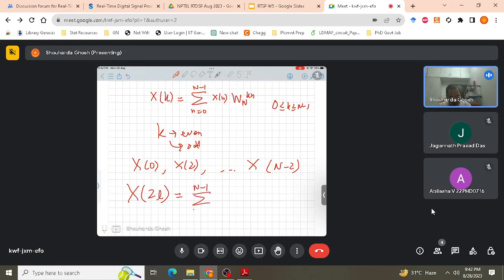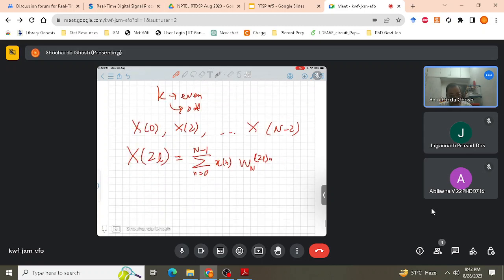Let me see how it works. X of 2l is the summation of x of n W_N^{2ln}. Now what would I like to do? I want to put these two down.